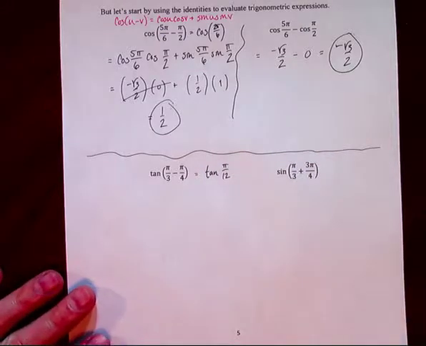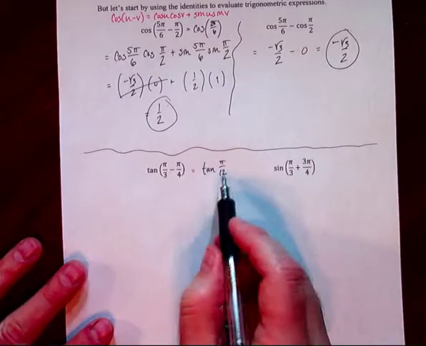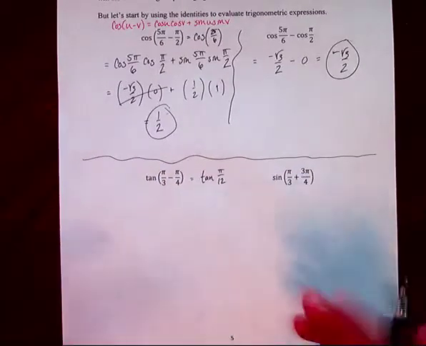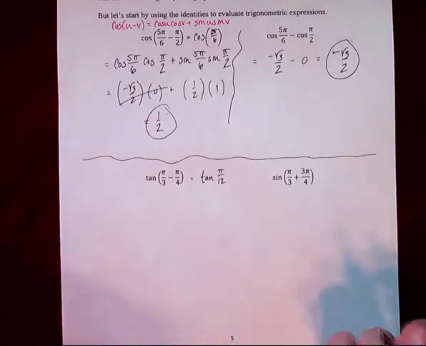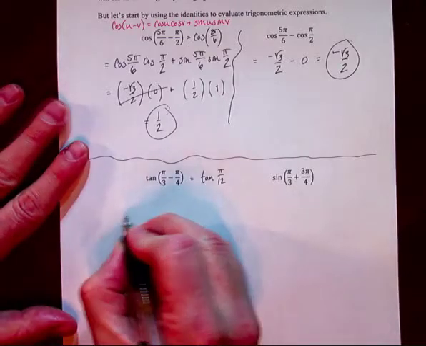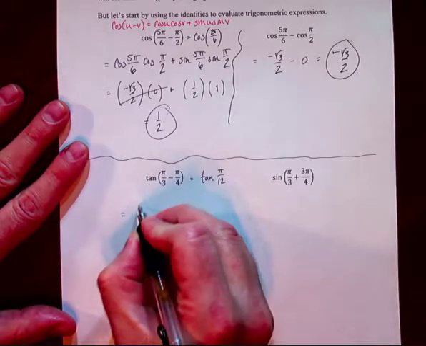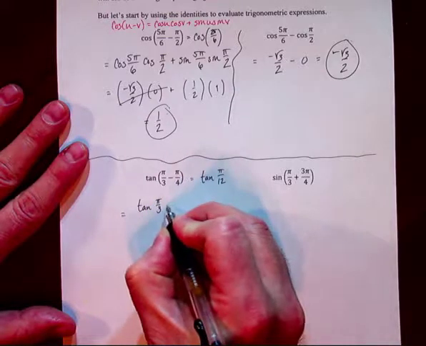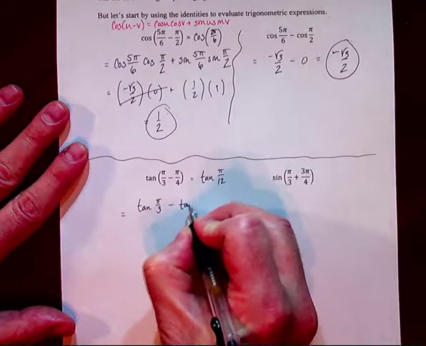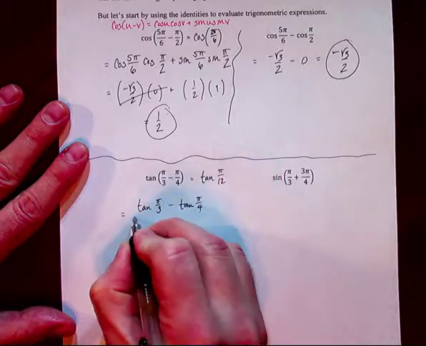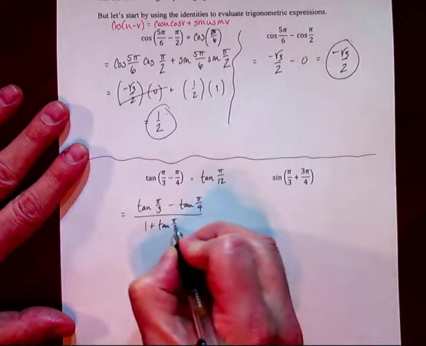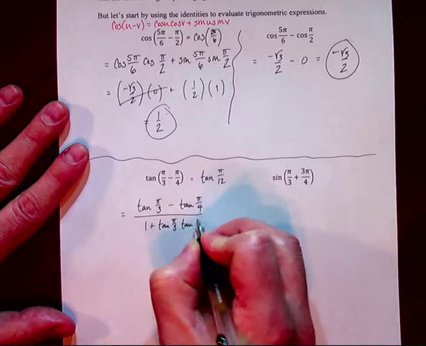And that pi over 12 is rewritten as the difference of two unit circle values. So in terms of evaluation, we can kind of see the benefit here. But in our difference, we know that that's tangent of pi over 3 minus tangent of pi over 4 over 1 plus tangent pi over 3 tangent pi over 4.